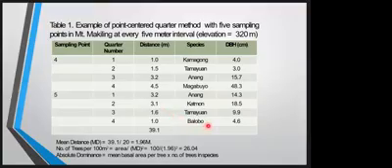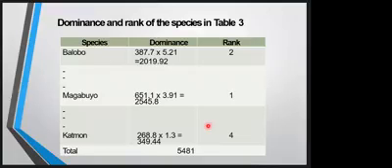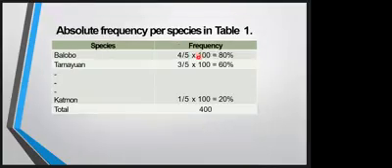That's why it's now equivalent to 4/5 times 100. Okay, if we can recall frequency, it's the number of occurrence divided by the sampling point times 100. So frequency is 80%.